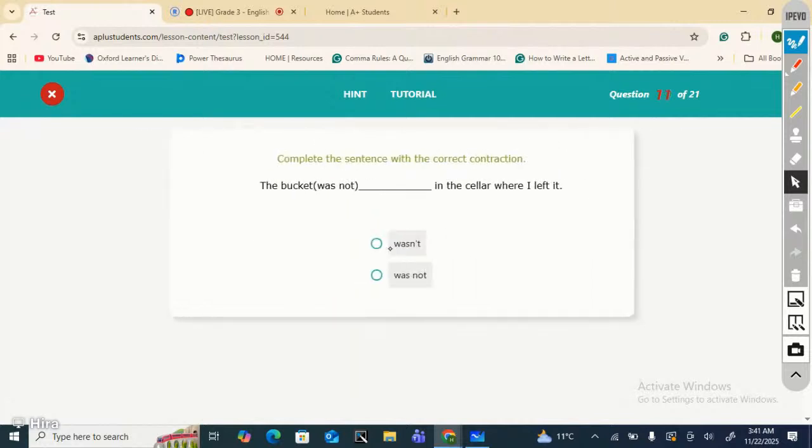The bucket was not in the cellar where I left it. Was not. Well, yes, it's wasn't. Option one.